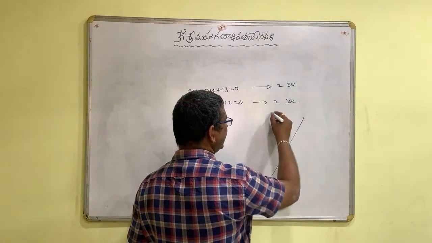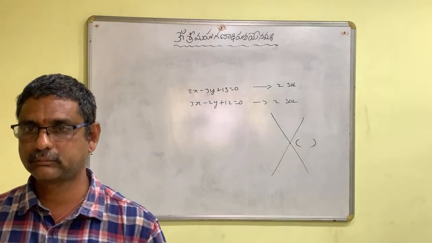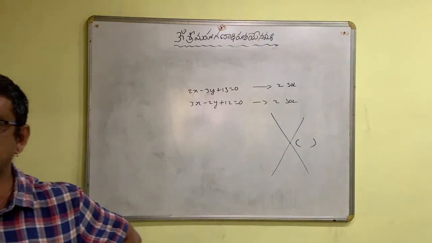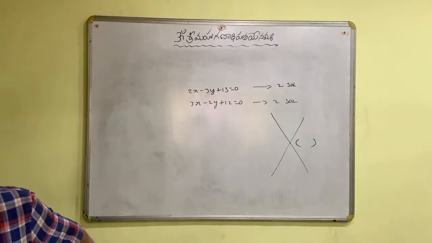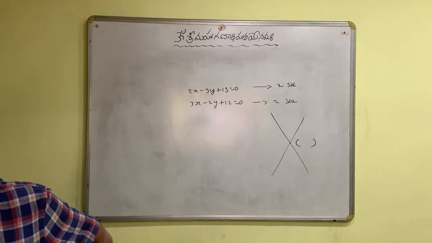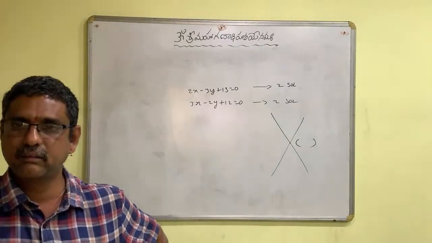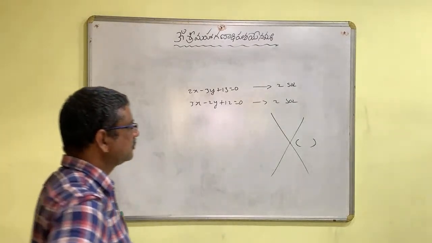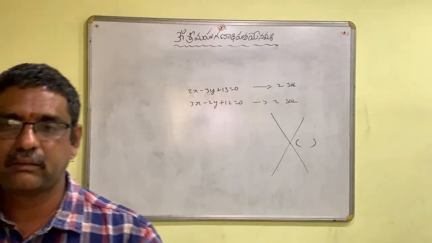We will get two straight lines intersecting each other at a point, and that point is known as the common solution. We need to find that common point through the graph.